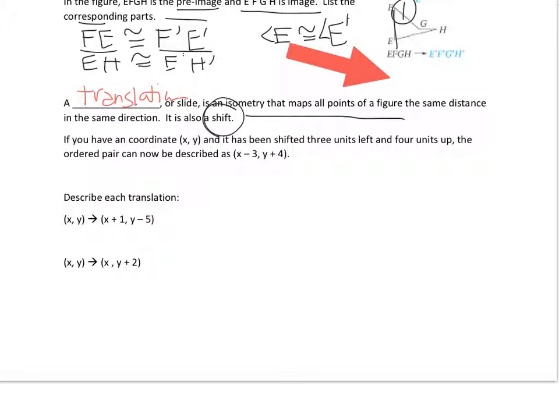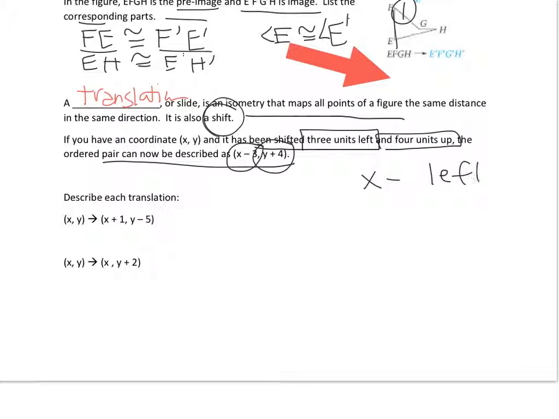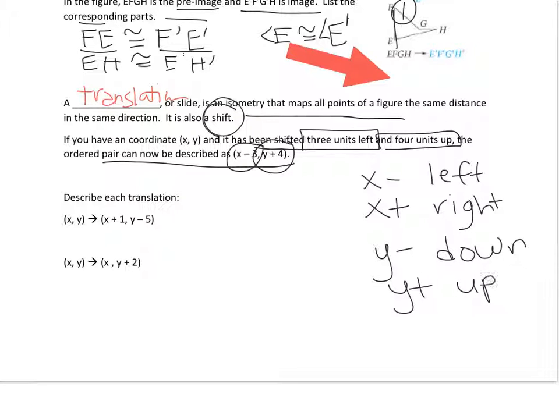If you have an object that shifted 3 left and 4 up, this ordered pair can describe it. So 3 left, 4 up. If x is minus, it's going left; if x is plus, it's right. If y is minus, it's down, and y plus is up.